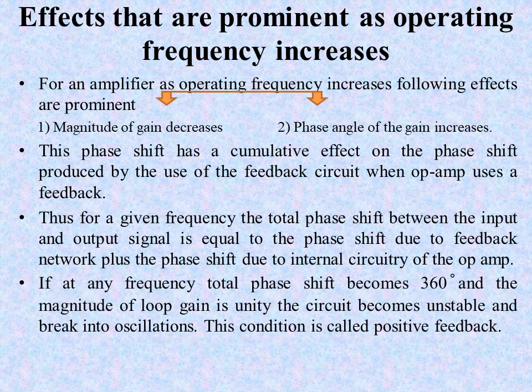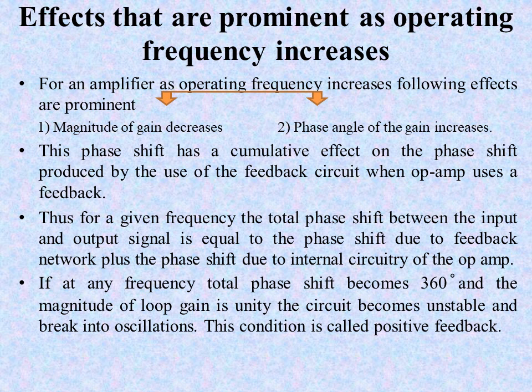So due to this phase shift, now phase shift is not only due to feedback, it is also due to internal circuitry of the op-amp. So what happens? At a certain frequency, the total phase shift, that is due to feedback and due to internal circuitry, becomes 360 degrees, and at some moment the magnitude of gain may become unity.